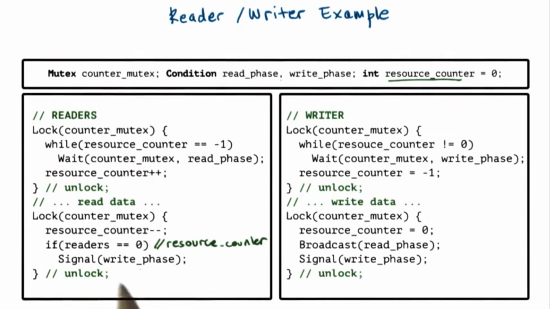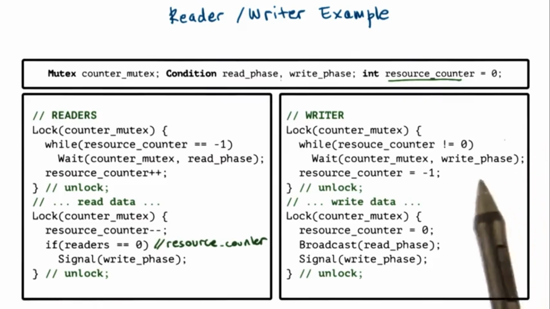It makes sense to generate this signal and to notify a potential writer that currently there are no readers performing read operations. And given that only one writer can go at a time, it really doesn't make sense to use a broadcast. So this write phase signal will be received ultimately over here, and the one writer that was waiting on that write phase condition variable will be woken up.